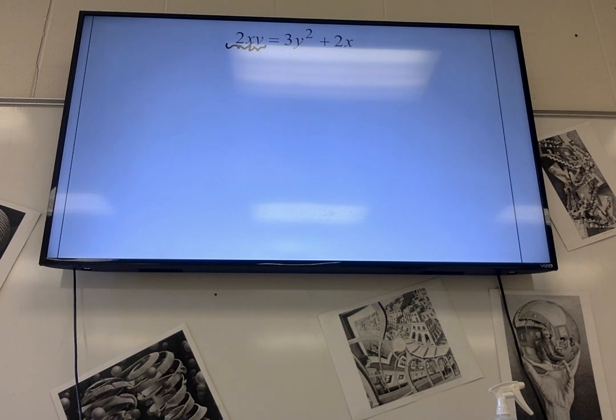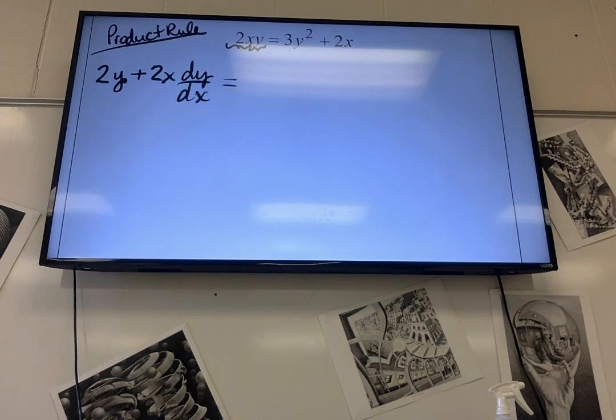Those are two things multiplied together, so you have to use the product rule. I think it's just 2. So the product rule is the derivative of the first times the second, plus the first times the derivative of the second, which is dy dx.